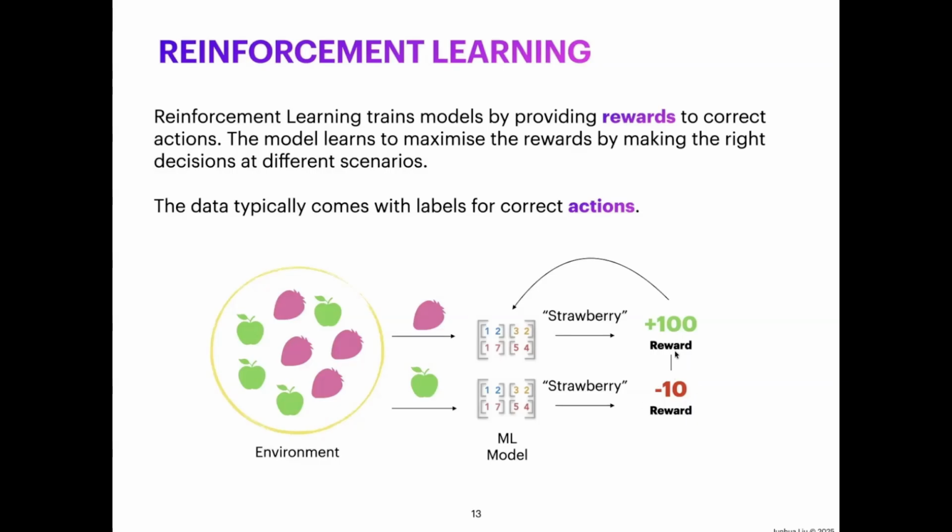This will be backpropagated to the model to tell it that, given this observation, you made this action, and here are your rewards or penalty. Then the model will update itself and try to make better guesses the next time it sees other examples. This is generally the process of reinforcement learning.